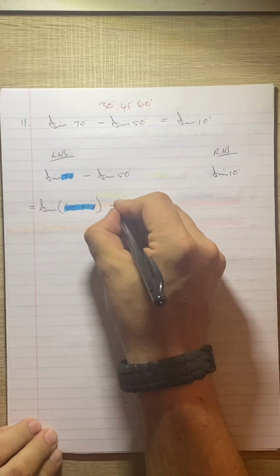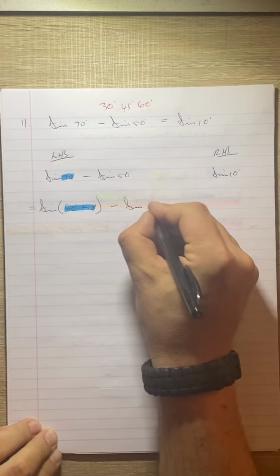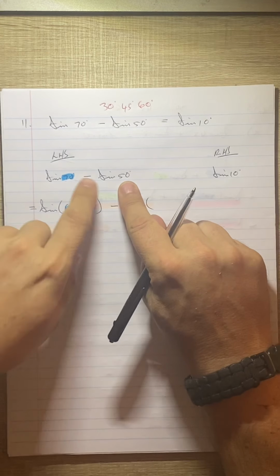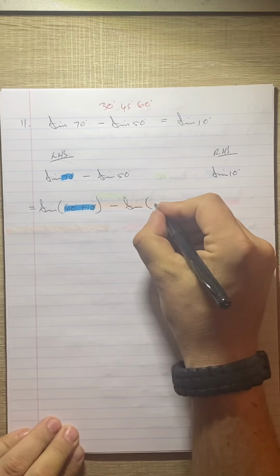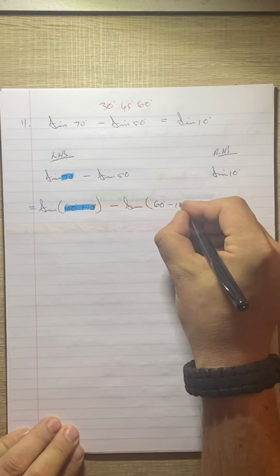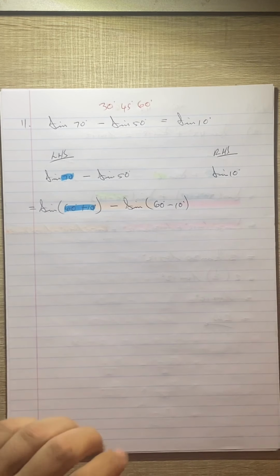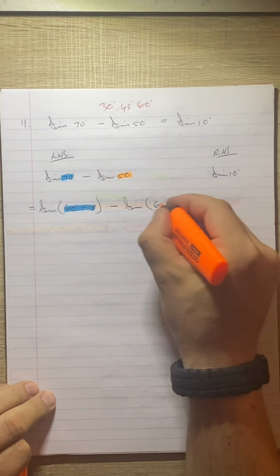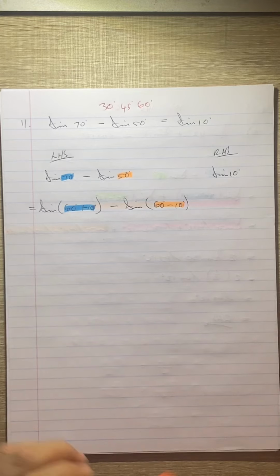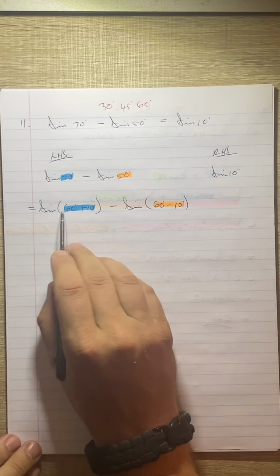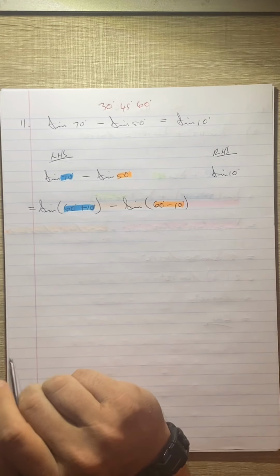Then minus sine. Now the 50 we can say is 60 minus 10. And that will give us 50 degrees. And again, what I've done there is I've introduced a special angle and that angle 10. Use your compound angles to expand these.